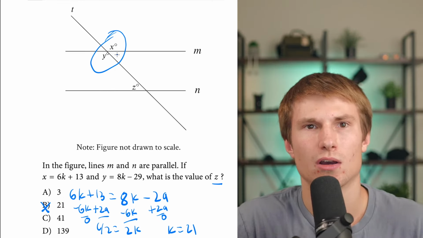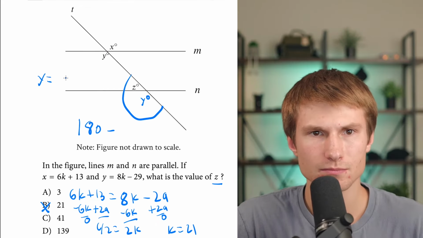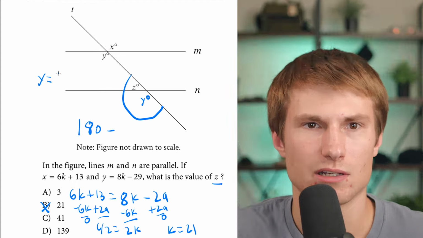We know that y right there is going to be the same as right here, so 180 minus y gets us z. I'll do that up here, 180 minus the value of y. We need to know what the value of y is. I'll also write this up here. We know that y is going to equal 8k minus 29.